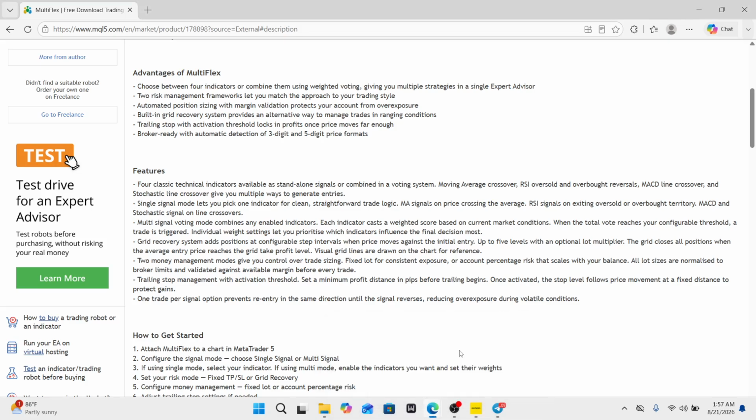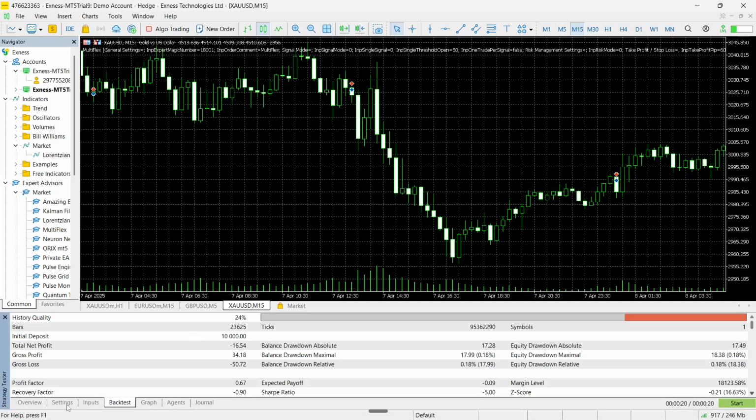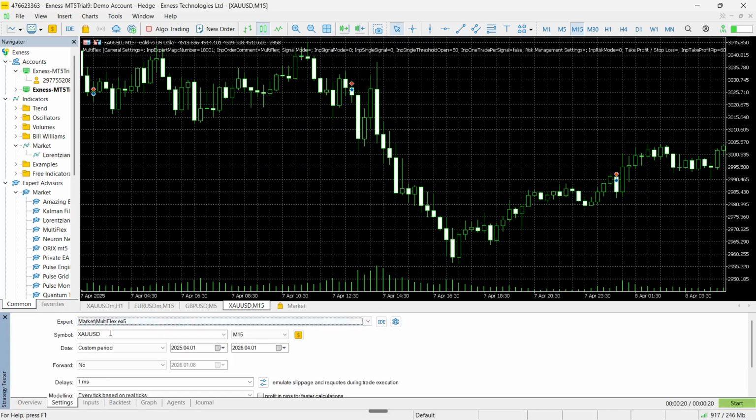Let's take a quick look at what happened during my backtests. As you can see, I used the recommended XAU USD pair on the M15 time frame for a custom period of 1 year, ranging from the 1st of April 2025 to the 1st of April 2026.